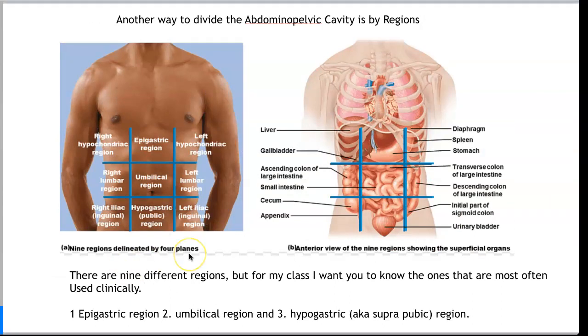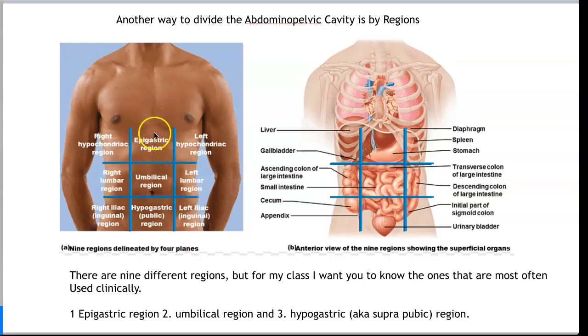Another way to divide these is by regions. So they're going to divide it into 9 different regions. For my class, you only need to know the ones that are clinically most relevant and used.